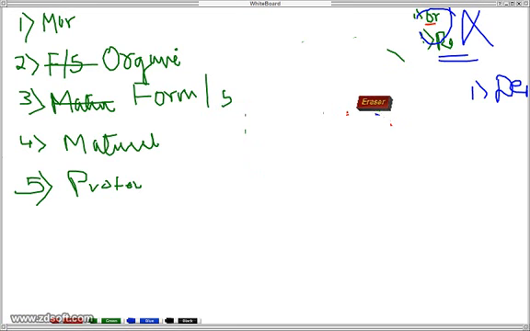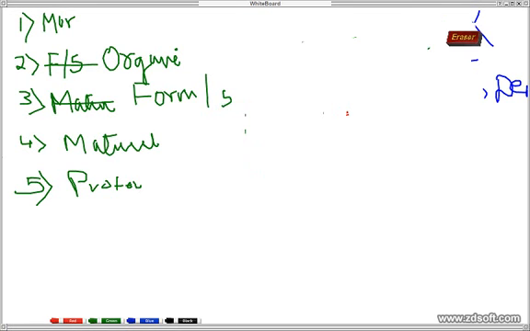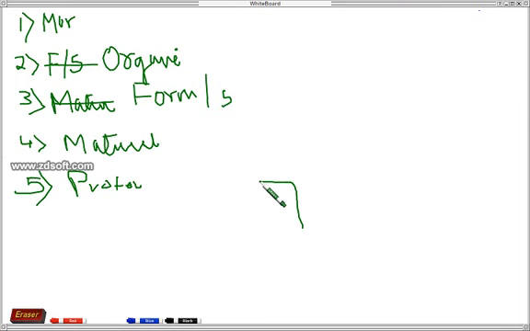So now we are going to make a quick review of the whole life cycle of ameloblast. Now first is morphogenic. Morphogenic is just how the cell looks morphologically.